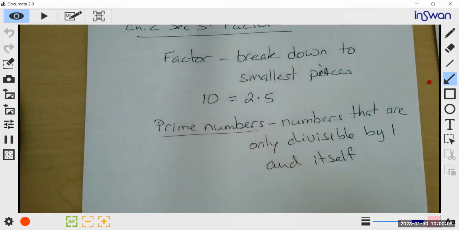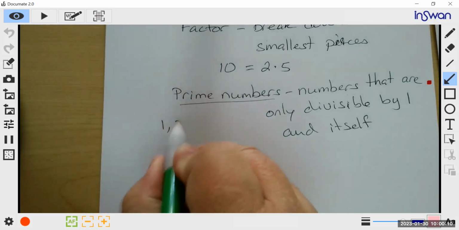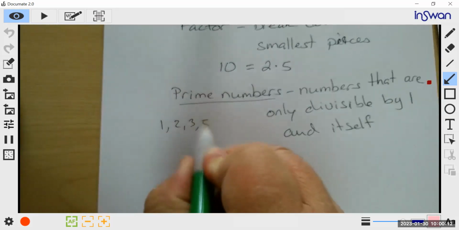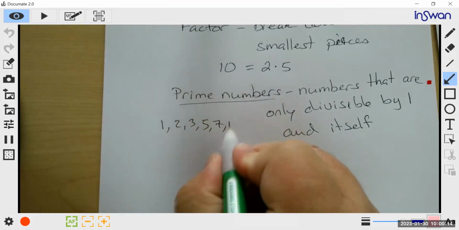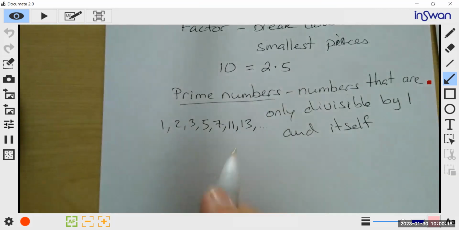Those are prime numbers. Example: 1, 2, 3, 7. Because those can't break any further. Those are all prime numbers.